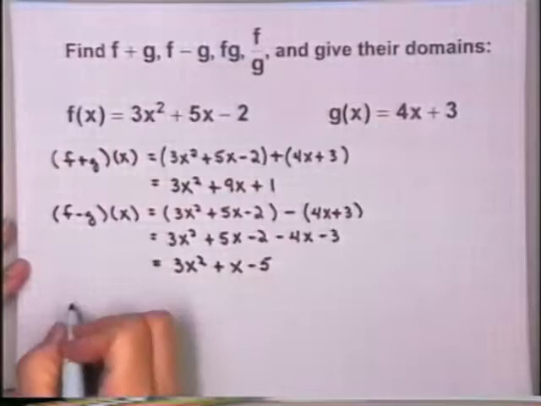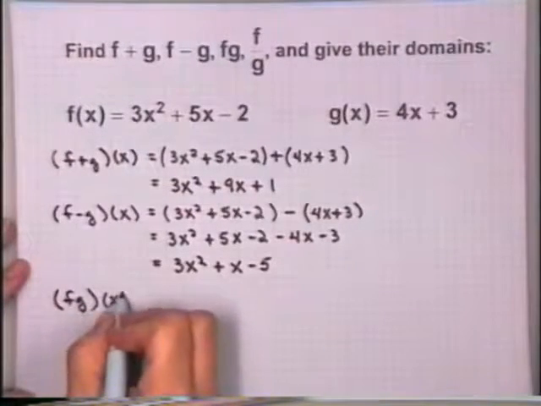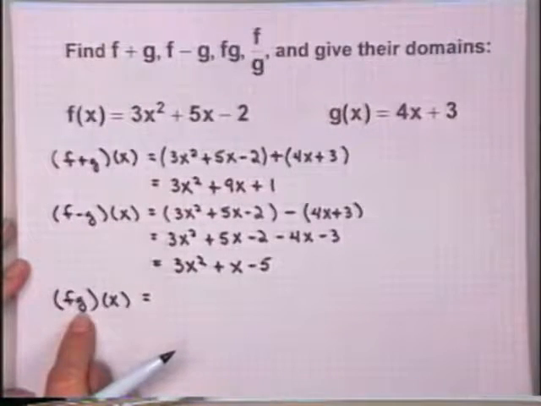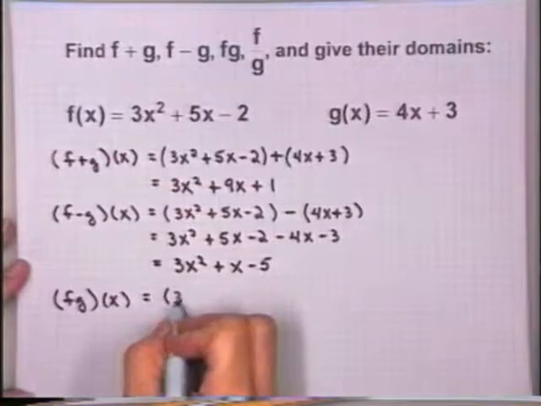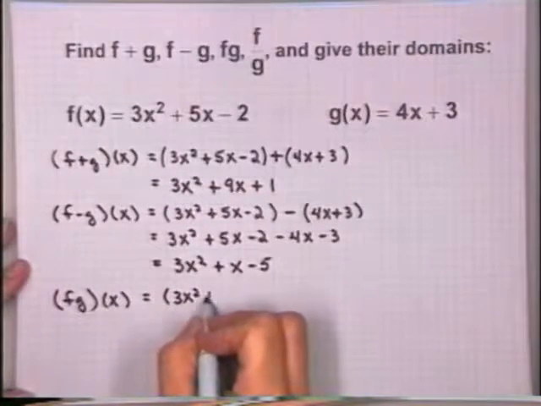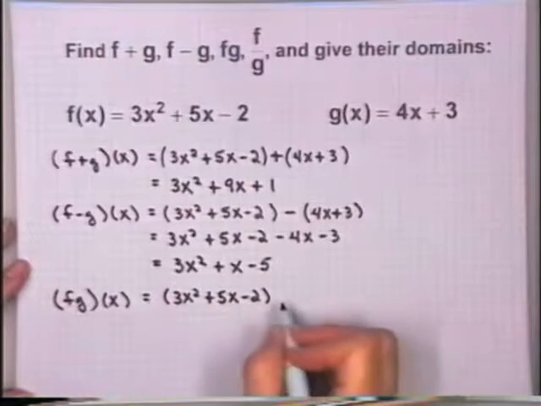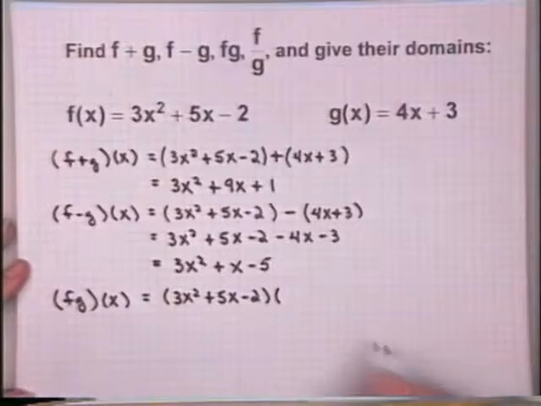Okay, let's go to our product function. F times g of x. Again, notice we want that f times g in parentheses for our notation. So we're going to take function f of x, which is 3x squared plus 5x minus 2, and we're going to multiply. So let's do our second parenthesis right beside that to indicate multiplication.